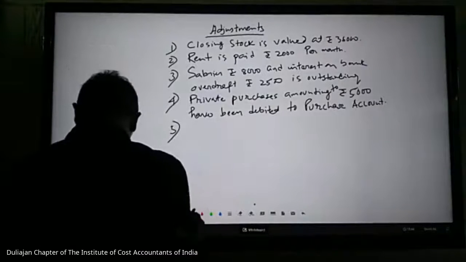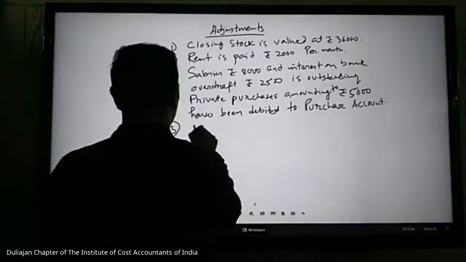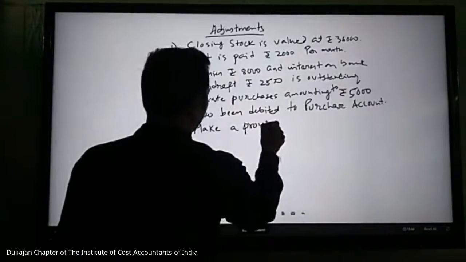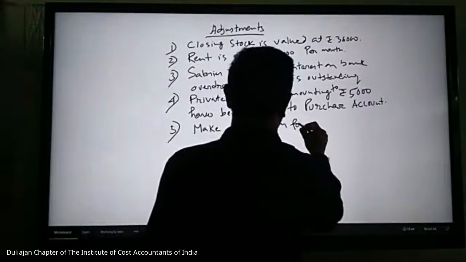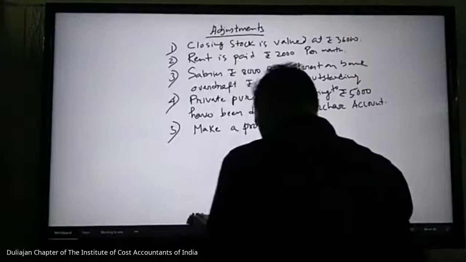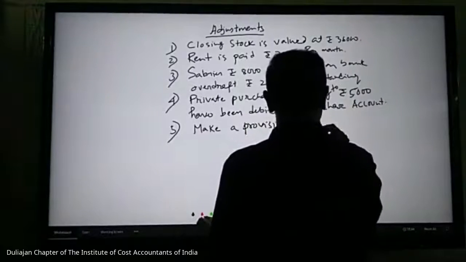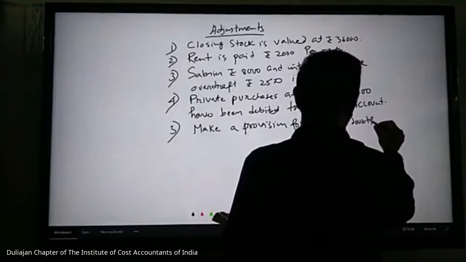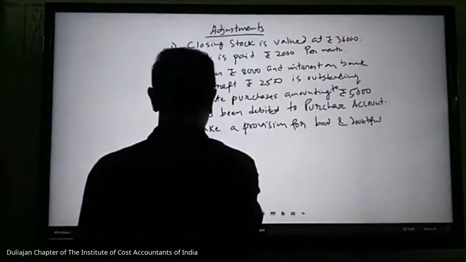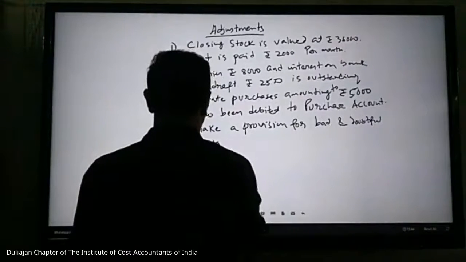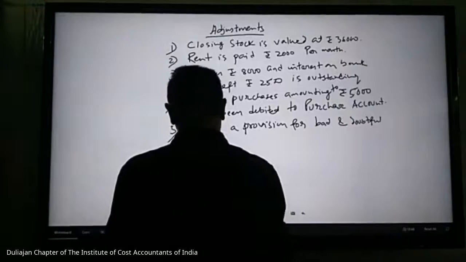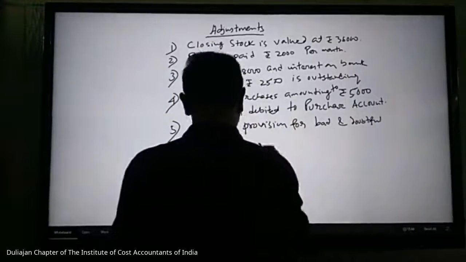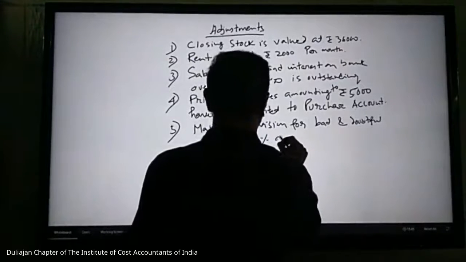Number five, make a provision for bad and doubtful debt at 5% on debtors.